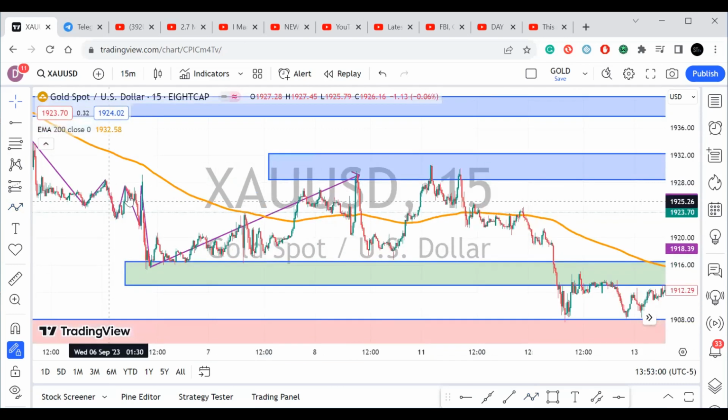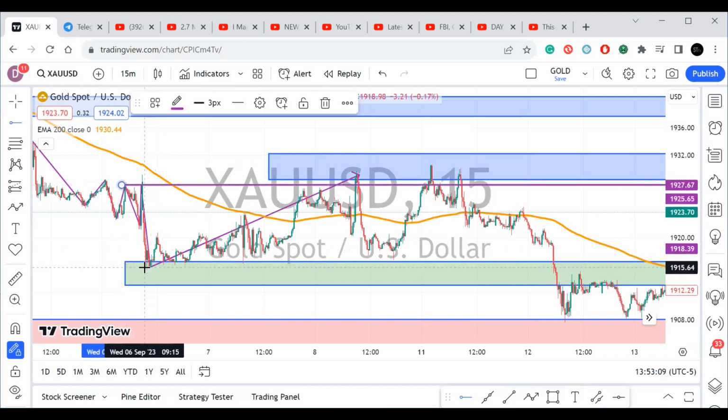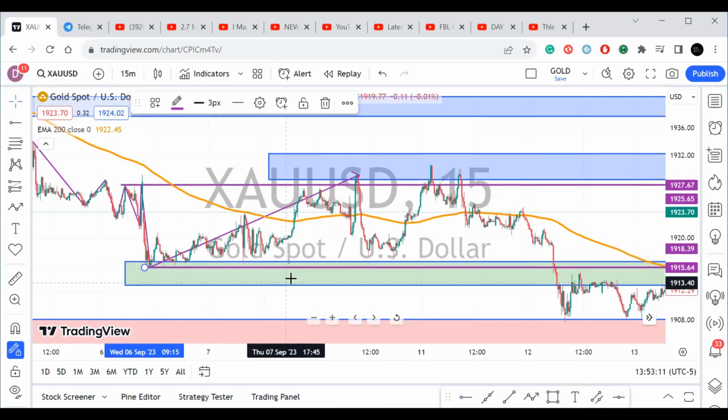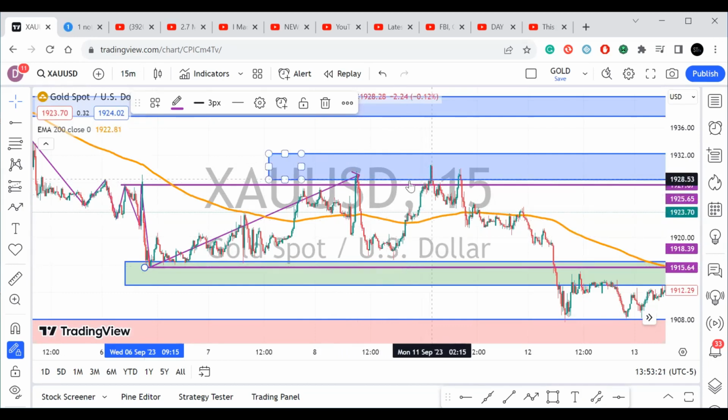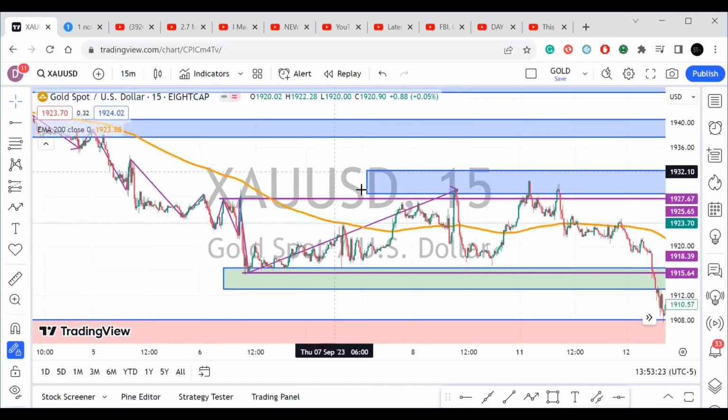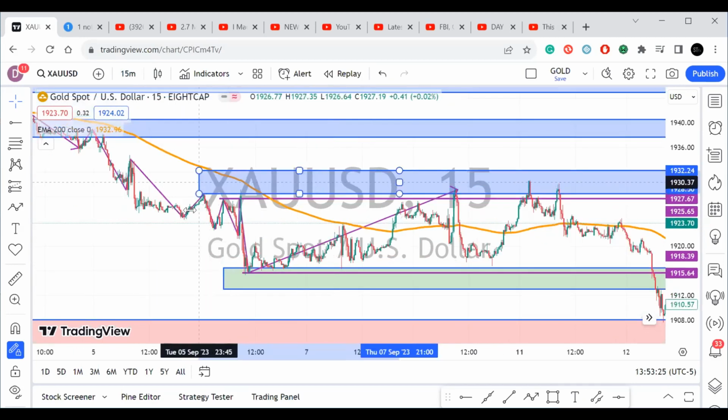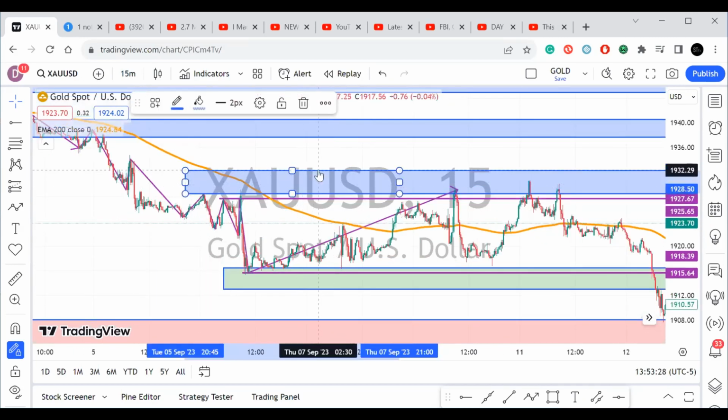you see, we're still in a sell trend. The current structures are here and here. But then we had a 100% pullback. Price actually broke this high a little bit, then it dropped down again to this low, then it came back again. All these things are happening within a zone.